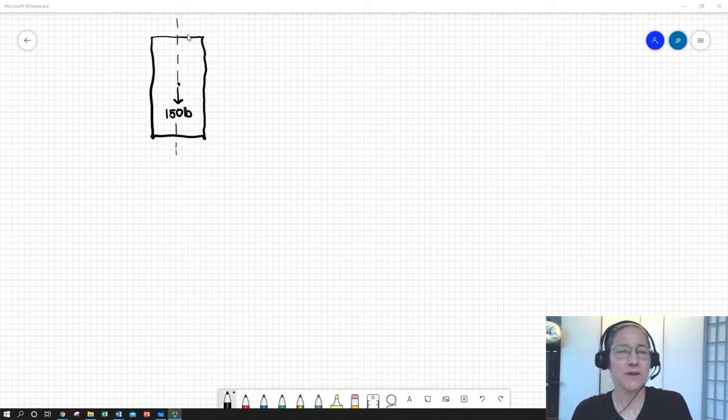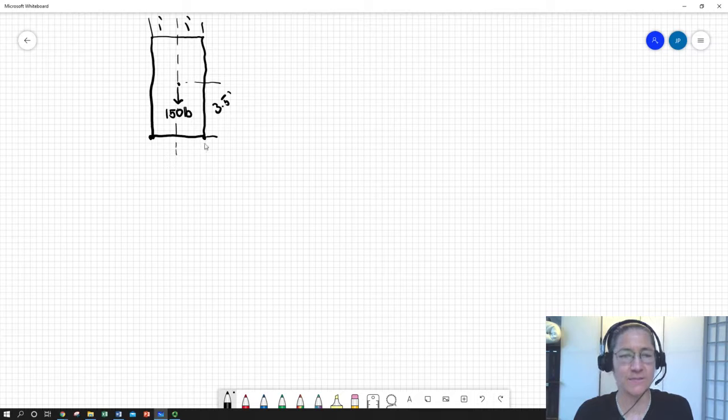Make sure we're all seeing the same thing. We have some dimensions, 1 foot to either side here. The center of mass is 3.5 feet above the surface where the normal force can react on it.